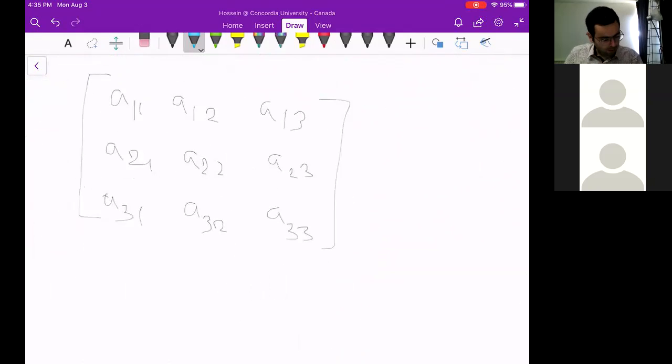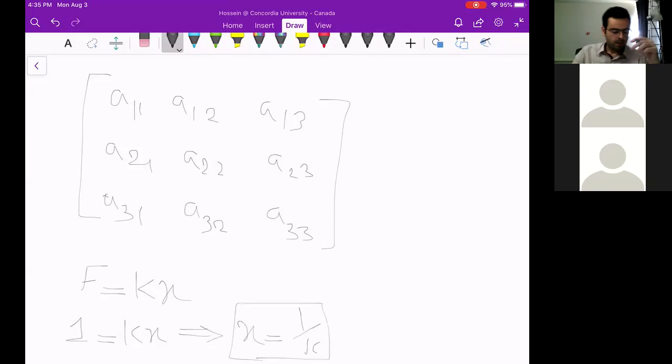You know that the force in the spring is Kx, right? So if the force is unit, therefore displacement would be 1 over K. So 1 over K would be the displacement if there is a unit force.